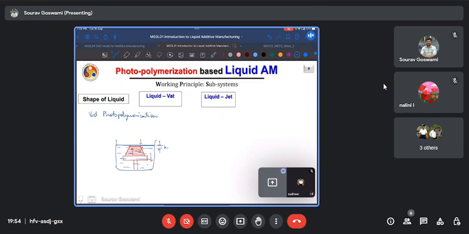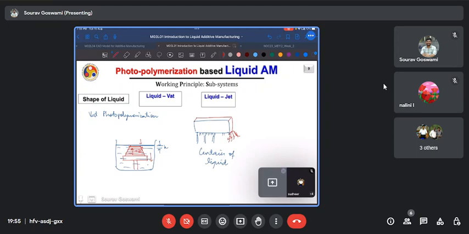Whereas in the case of a liquid jet, as we discussed, the liquid is dispensed from discrete nozzles in the form of jets. Of course these nozzles might be placed very close together such that what we end up obtaining is a curtain of liquid, simultaneously accompanied by a curing mechanism which is parallelly curing the deposited material.